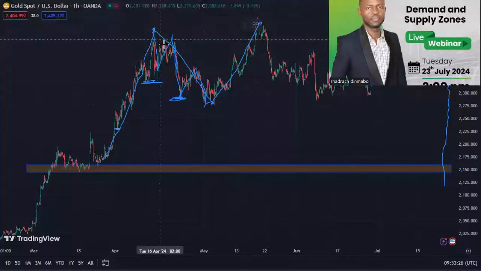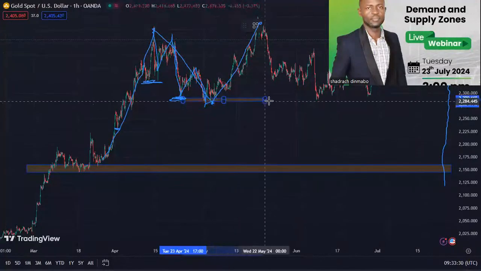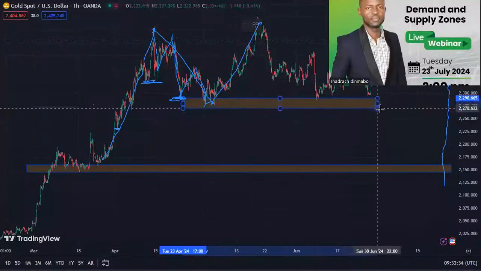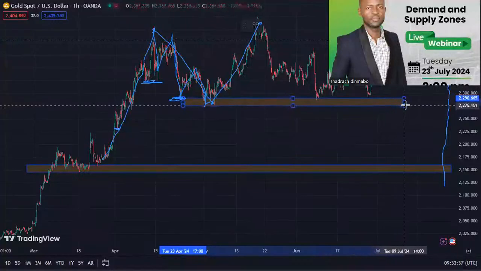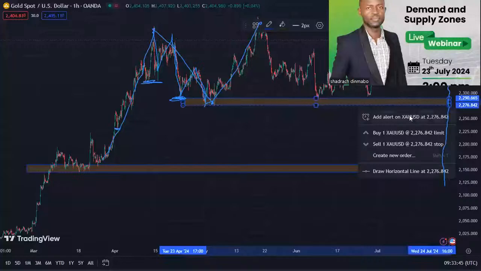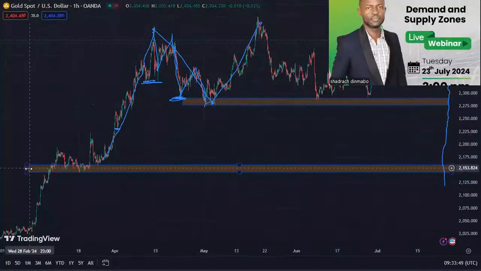Here is another zone level. So you could see that's another valid demand zone. Let's take it straight down to this point. Let's remove our drawings so I can see it very clearly.